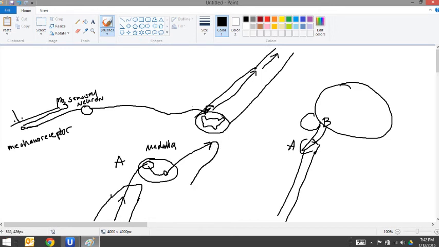So here, I'm actually going to pull back. So here we have B. What happens here, we'll go medial lemniscal pathway, is that this will then travel from the medulla into a specific nucleus of the thalamus.